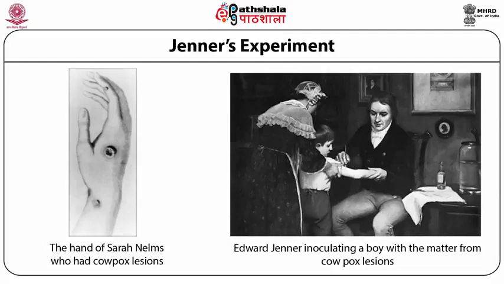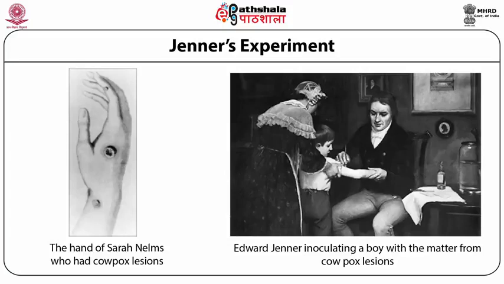Subsequently, the boy developed mild fever and discomfort in the axillae. Nine days after the procedure, he felt cold and had lost his appetite. But on the next day, he was much better.